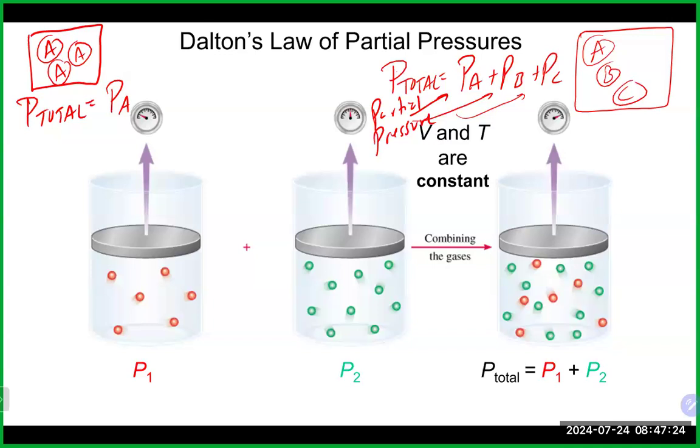So even though we do have different gases flying around in the same container, we're going to assume in most cases ideal conditions. And what that means is we could almost think of each of these gases being in the container by themselves because all the other gases are not going to have any influence on the pressure of, say, gas A. Gas B and C won't have any influence on that.